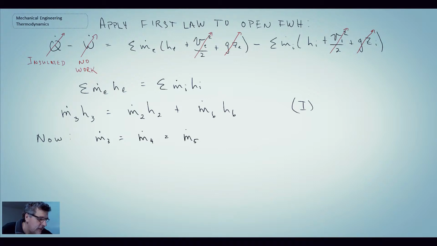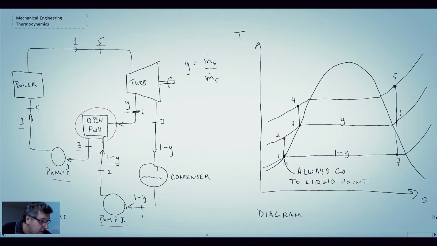And in a similar way, we can make comments about the mass flow rate at 7, 1, and 2.